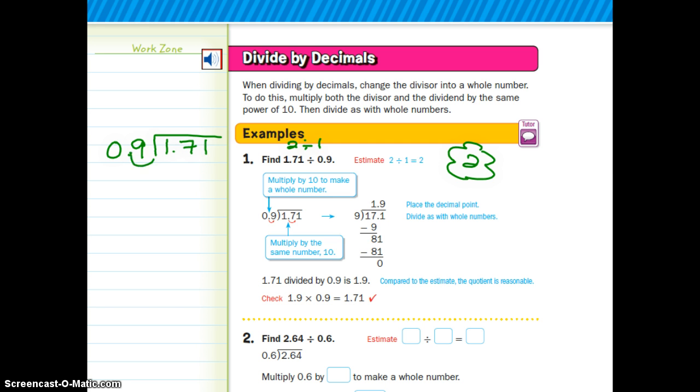So again, now, I'm going to blow this up so we can really look at this. 1.71. You cannot, I repeat, not have a fraction or decimal in your divisor. So, note to self, no decimal allowed in divisor.